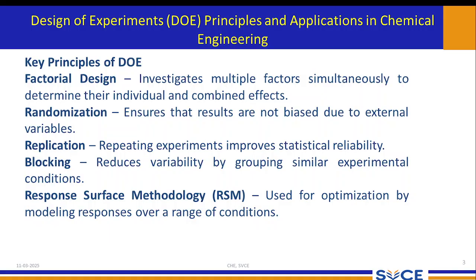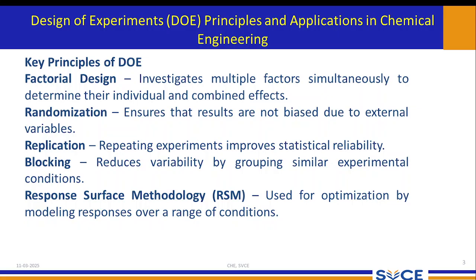Replication: repeating experiments improves statistical reliability. Most of the time, when you see papers that have been accepted, they say concordant values were taken, meaning not one value but concordant values. They will show a bar chart with error bars.